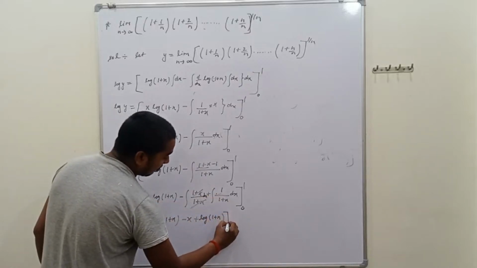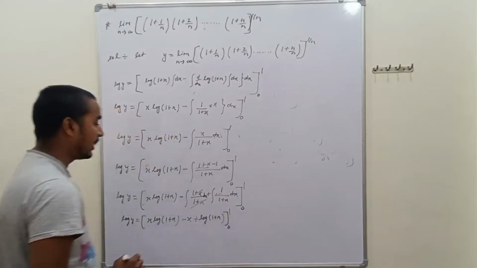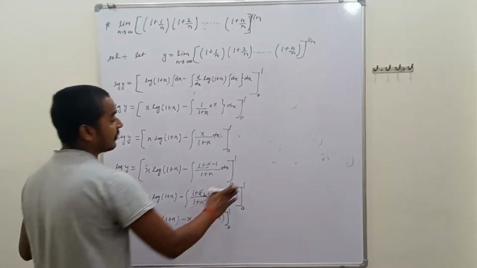On applying the limit 0 to 1, we first put the upper limit.